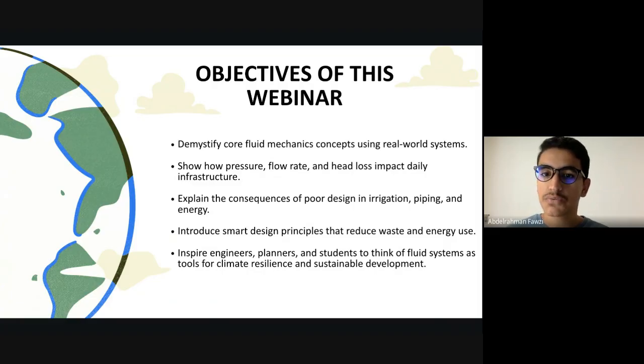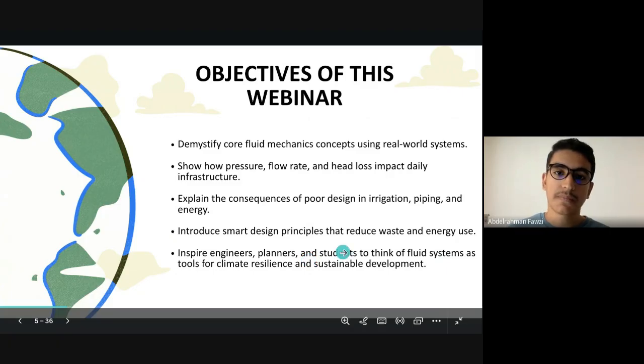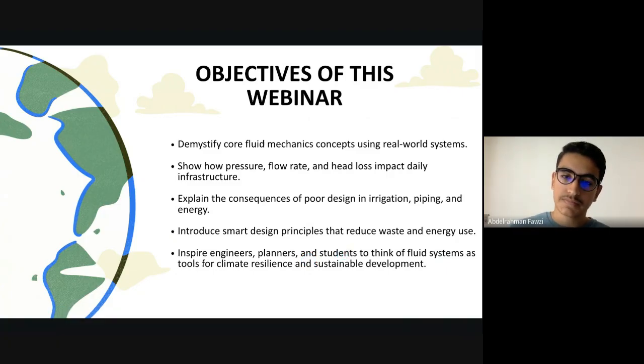Explain the consequences of poor designs in piping and energy and so on, how these poor designs react and what the main issue of these designs is. And on the other hand, we're going to understand the smart designs, why they are smart, and how useful they are. The main focus is to inspire engineers, planners, and students about the importance of fluid mechanics.